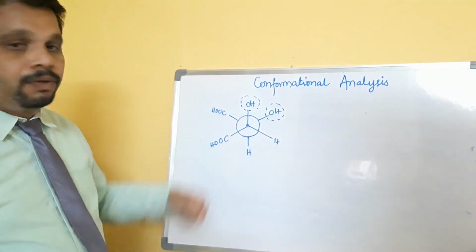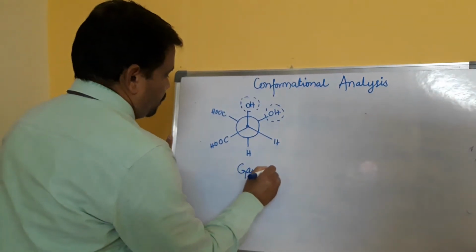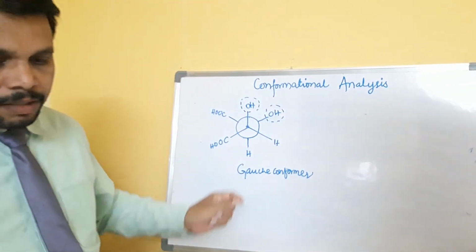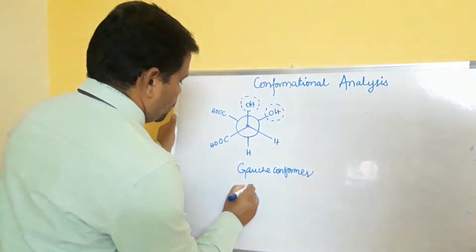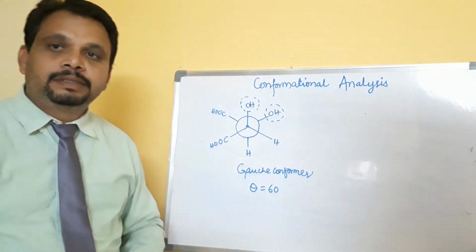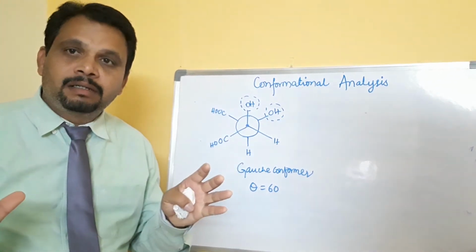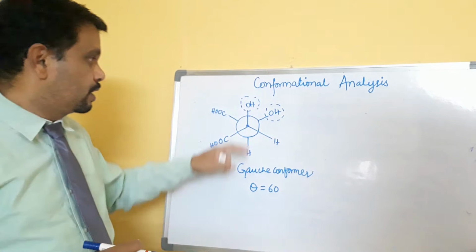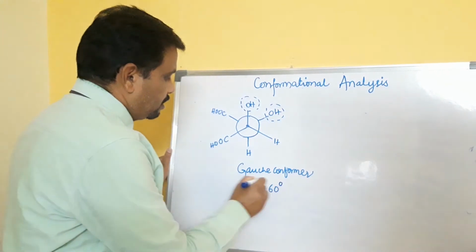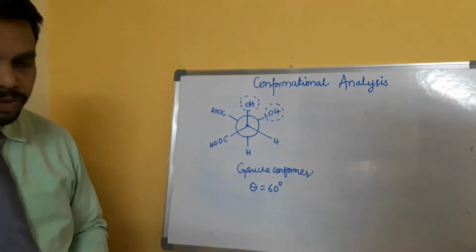So now you can say that this is the gauche conformer, because there is a 60 degrees dihedral angle between two top priority identical groups which exist on adjacent carbons. So whenever there is 60 degrees, that conformer is called the gauche conformer.